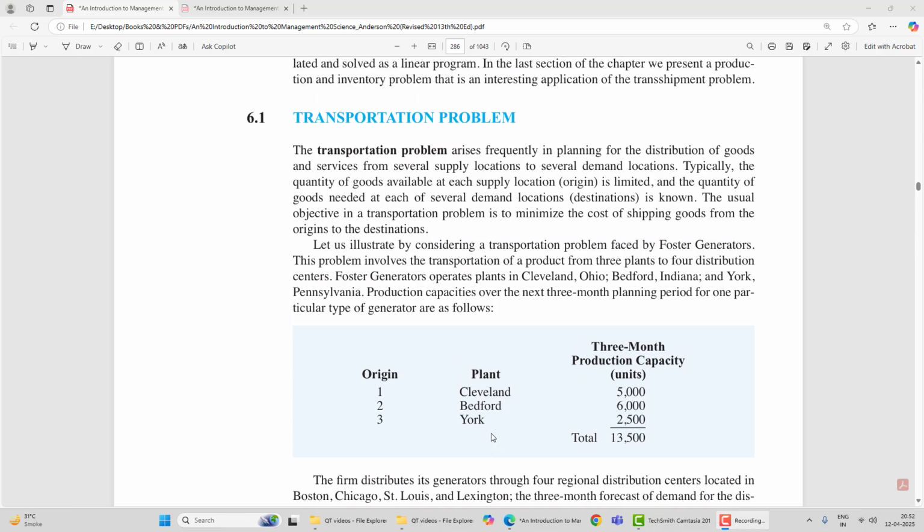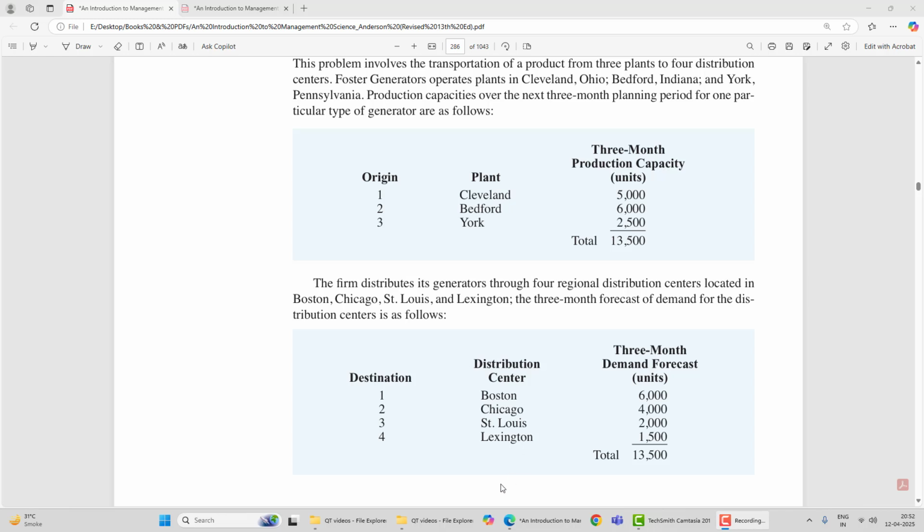So the transportation problem goes like this: there are plants which are producing the material, and there are distribution centers which receive the material produced from the plant through various transportation routes. So plants are our origin, and distribution centers are our destinations.